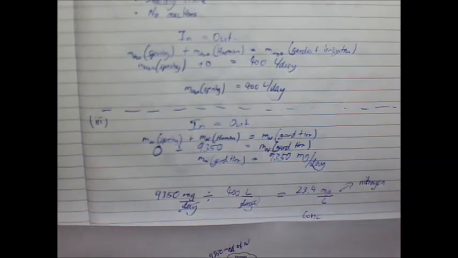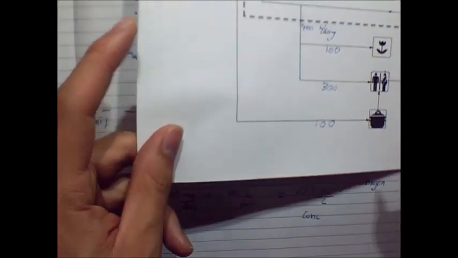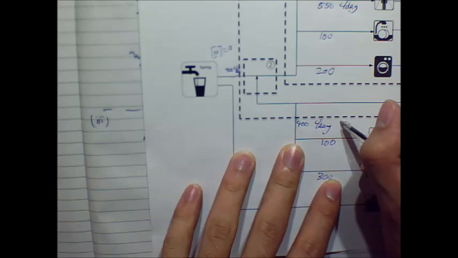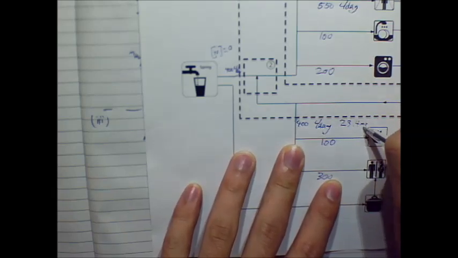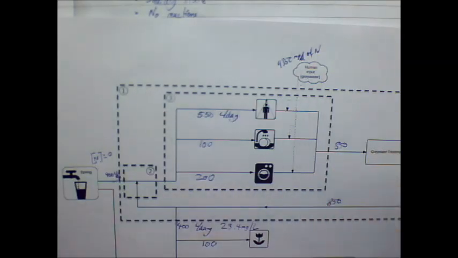In this case, we wanted the concentration, because the concentration is what is governed by WHO guidelines and other drinking water guidelines. So what we just found here is, here's our 400 litres per day, and in here there is going to be 23.4 milligrams per litre. As you can see, we're slowly solving each stream one by one and working out what is in each stream.